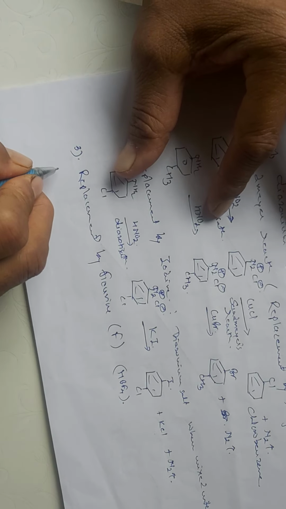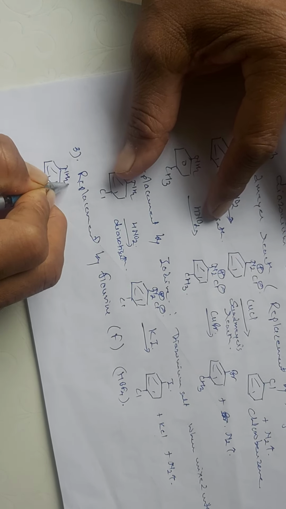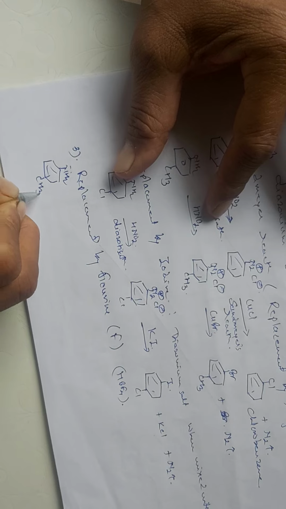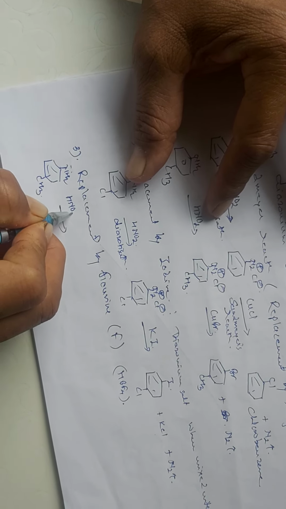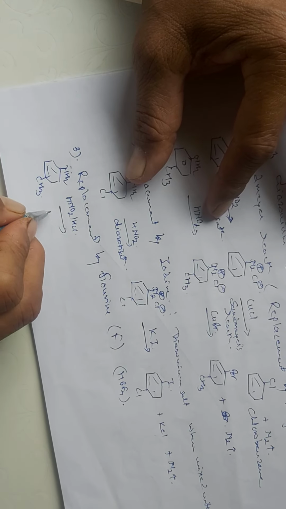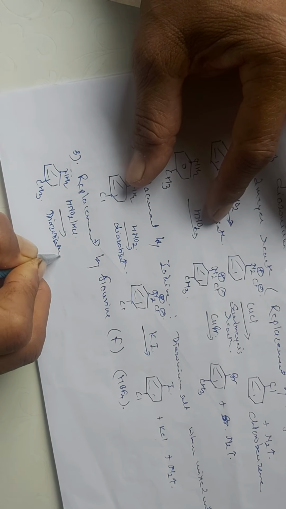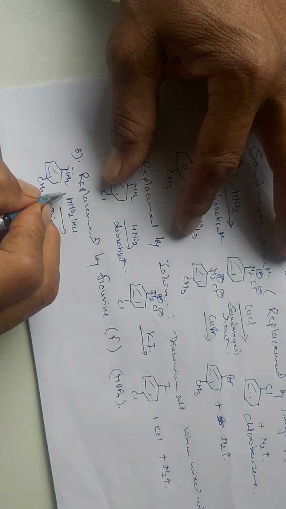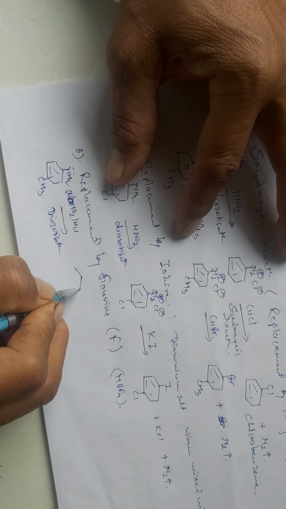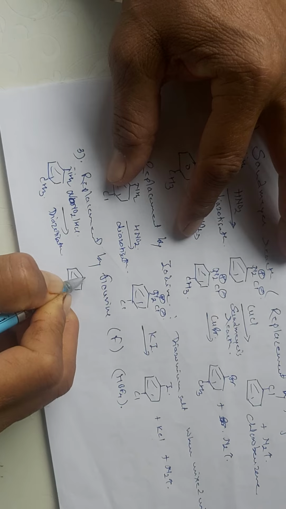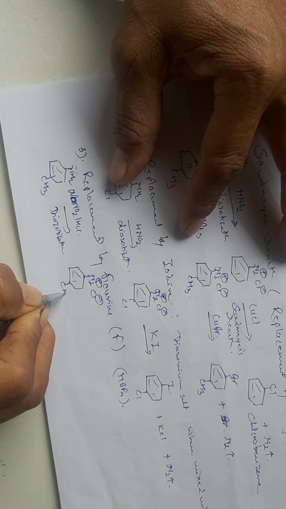So here the 4-methyl aniline on reaction with HNO2 in presence of HCl undergoes diazotization, NaNO2 plus HCl, that is giving you the nitrous acid, and which gives you the formation of the diazonium salt.